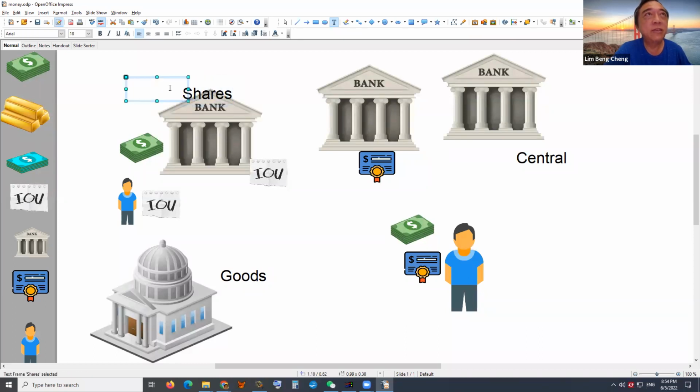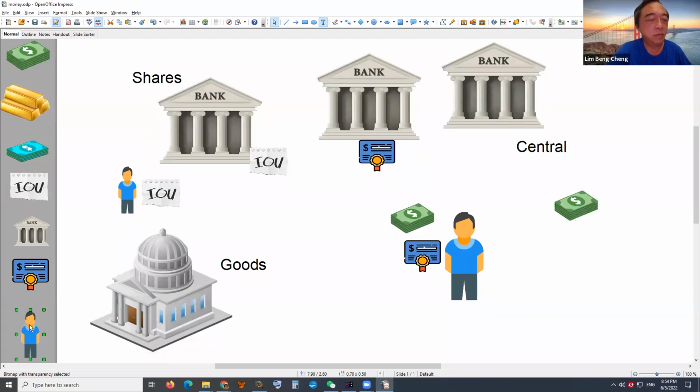The bank buys shares, and this money goes to a company that sells shares. Let's say this is another company. This is the CEO of this company. So the bank will get the shares from this company. The bank pays money to this person. And this person has a lot of money now.